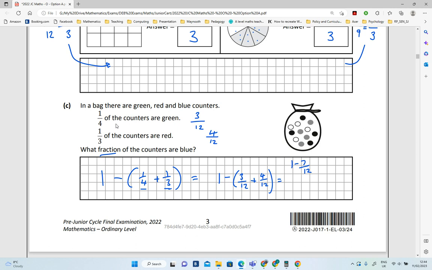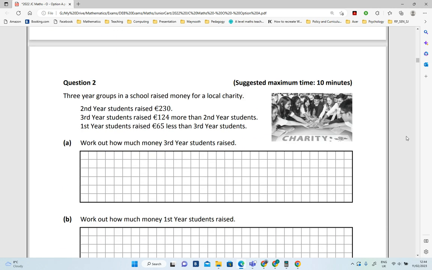Obviously 1 is the same as saying 12 over 12. If you divide 12 into 12, you get 1. So if it's 7 twelfths that I need to take away, my answer is going to be 5 over 12. And I can't simplify that. There's nothing that will divide into those nice and neatly. So that's part C. And that's it for question 1.